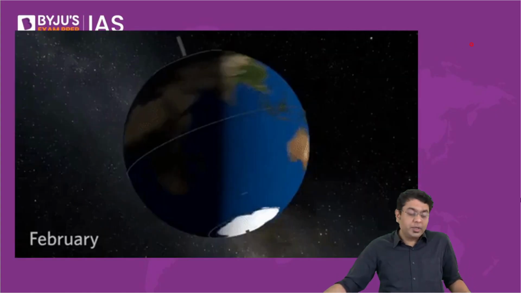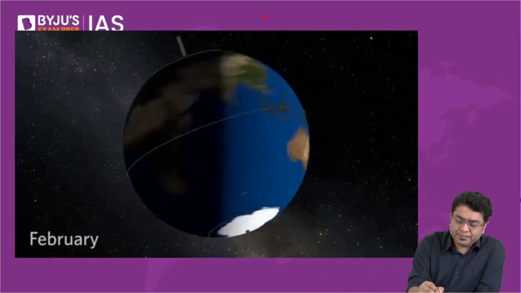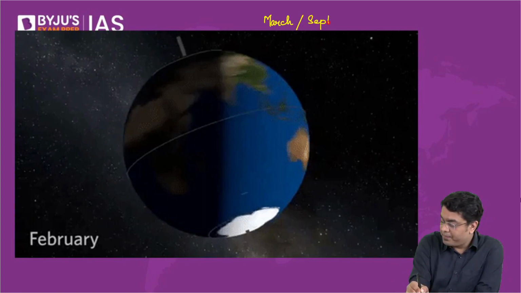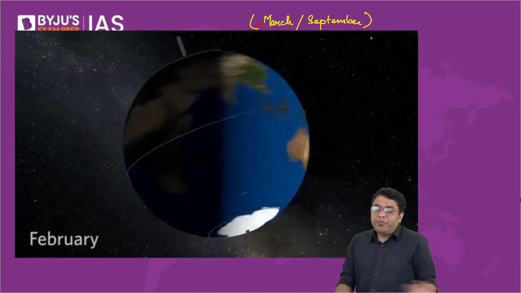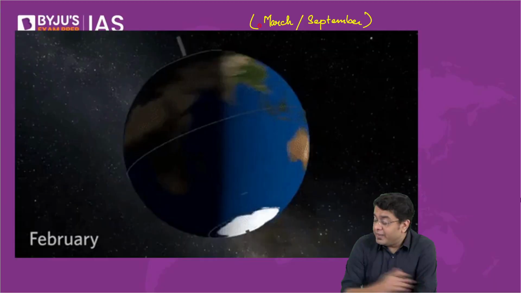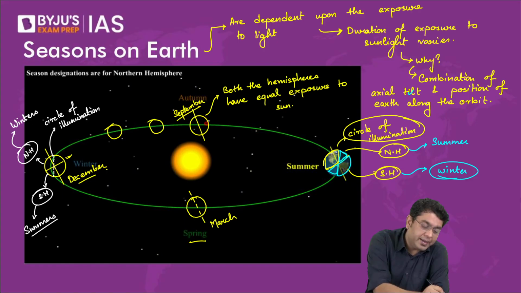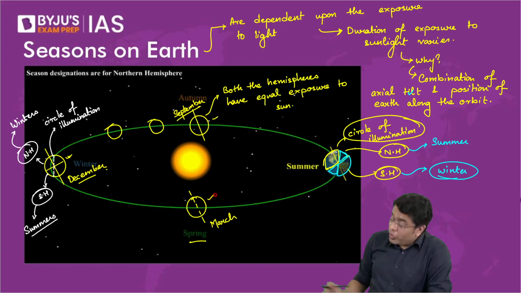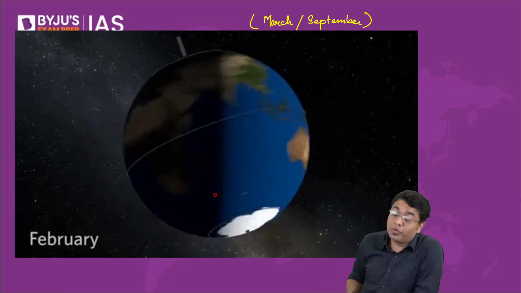What about the situation when, let's say, we come in the month of March? In the month of March, and even in the case of September, when we talk about March or September, okay. Now, when we talk about March or September, this is a journey from one season to another. So, if you have to understand here and here, during these conditions, both the hemispheres will experience equal amount of solar rays.